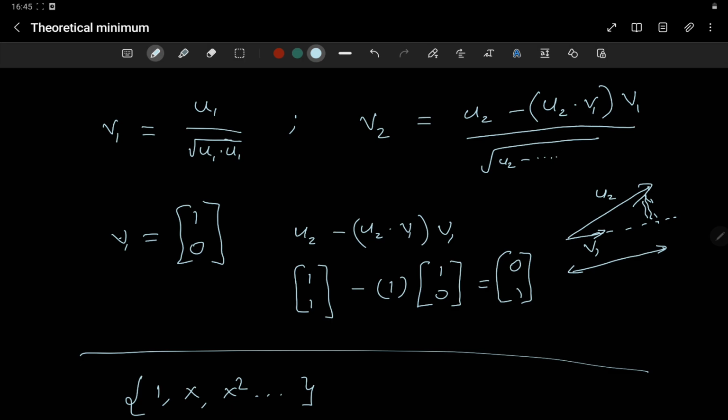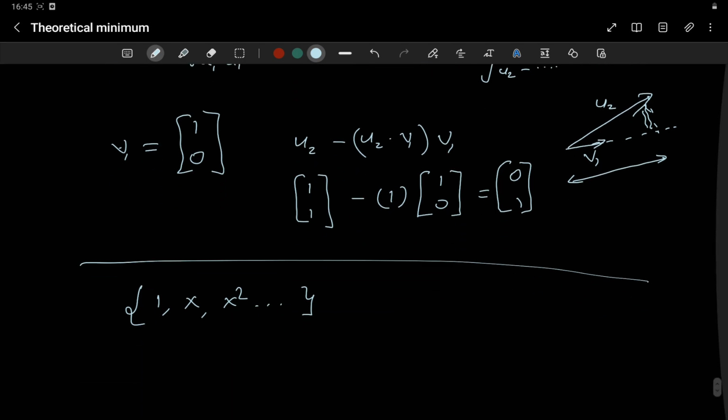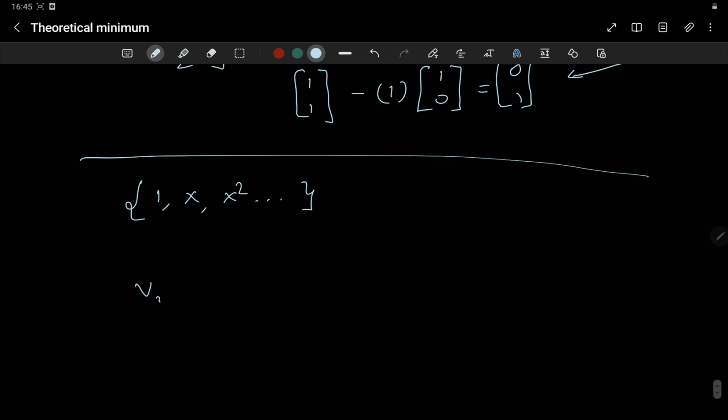By the way, once you calculate v2, how do you calculate v3? v3 is equal to u3 minus u3 dot v2 into v2, and not just that, minus u3 dot v1 into v1.